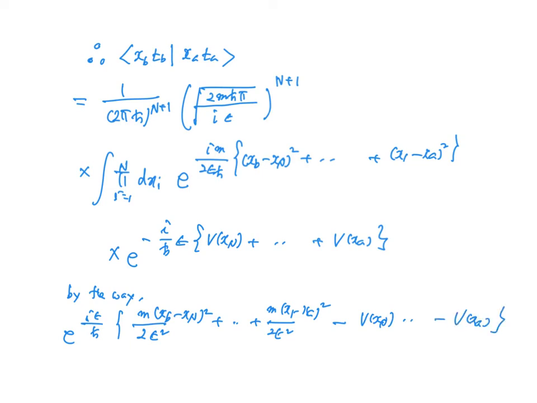It can be written as exponential i epsilon over h bar, m over 2 epsilon square xb minus xn square minus V of xn, plus dot dot dot, m over 2 epsilon square x1 minus xa square minus V of xa.